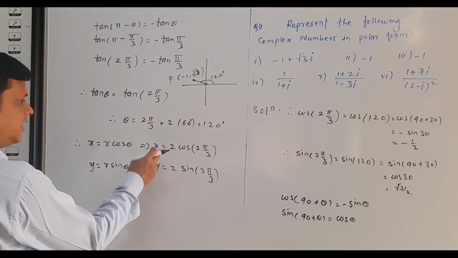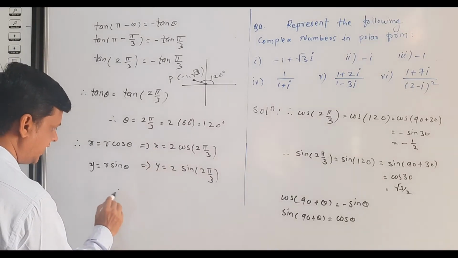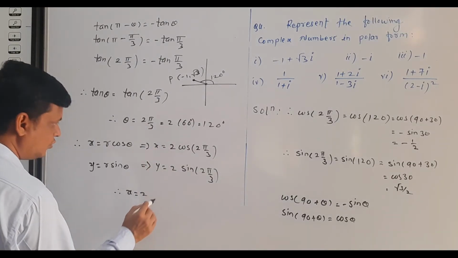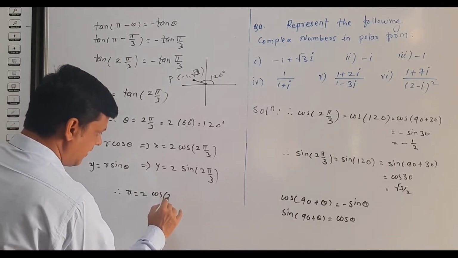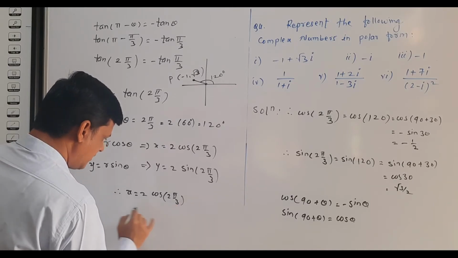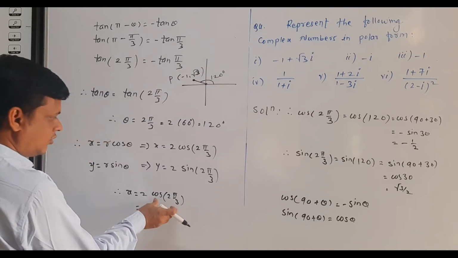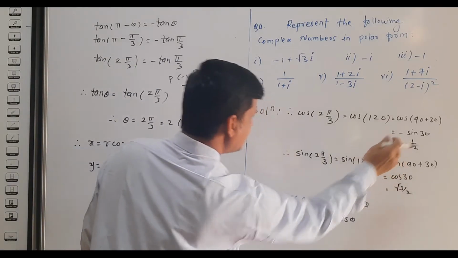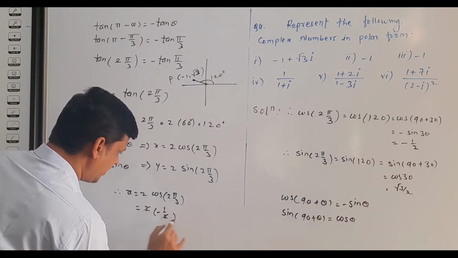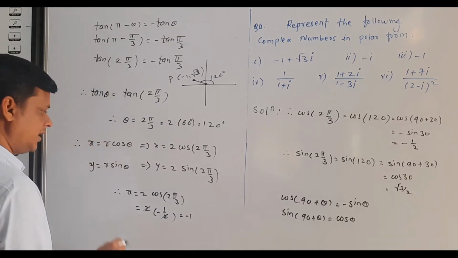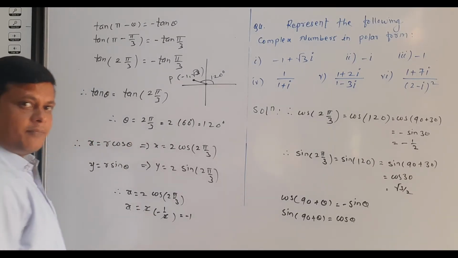So substitute these values. So we write here x is equals to 2 cos (2 pi by 3) is equals to, this cos 2 pi by 3 we calculate as minus 1 by 2. So we write 2 times minus 1 by 2. These 2 get cancelled, which is equals to minus 1. That means we get x is equals to minus 1.